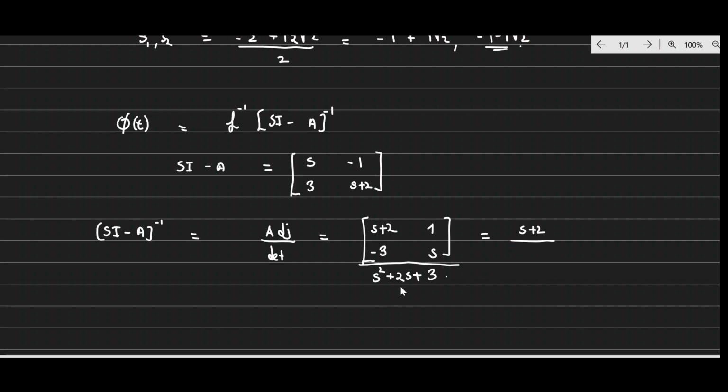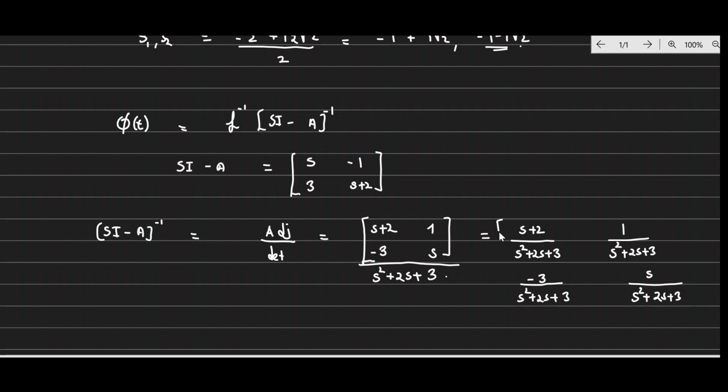So I'm dividing each element by this determinant, s squared plus 2s plus 3. We have s plus 2 over s squared plus 2s plus 3, and then 1 over s squared plus 2s plus 3, and then negative 3 over s squared plus 2s plus 3, and finally s over s squared plus 2s plus 3.